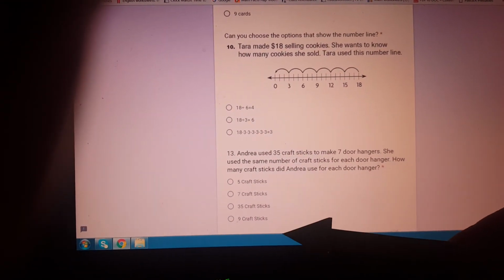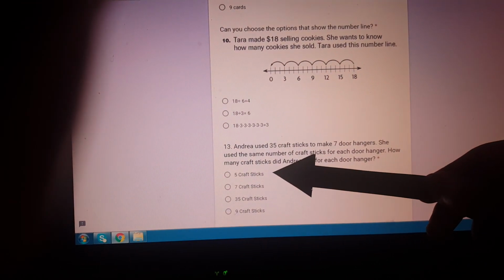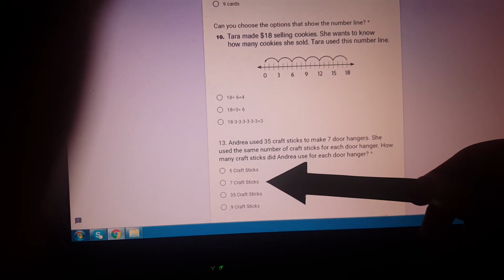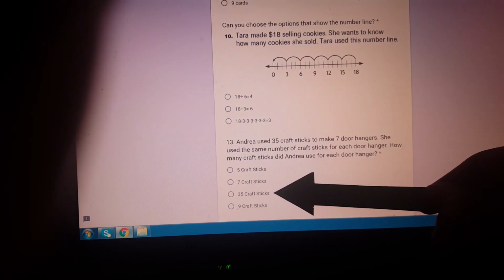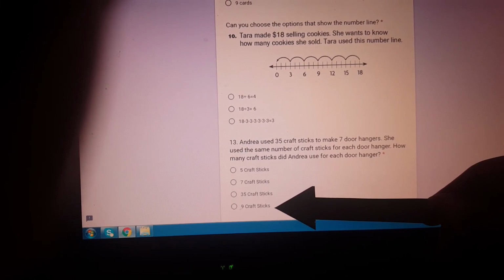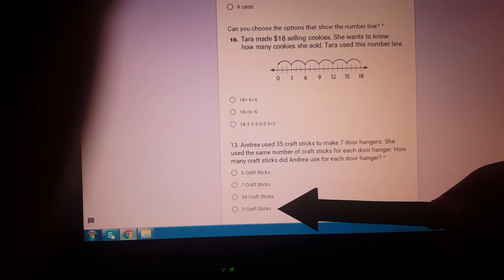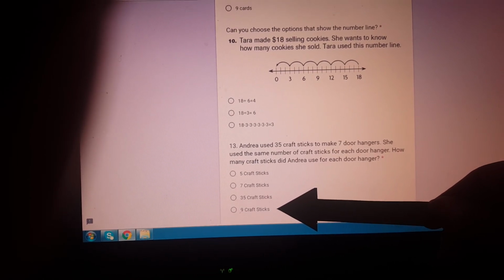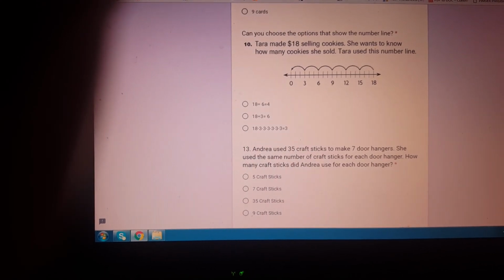So the first answer you can choose is 5 craft sticks. The second answer you can choose is 7 craft sticks. The third answer you can use is 35 craft sticks. The last answer you can choose is 9 craft sticks. If you need more time, please pause.